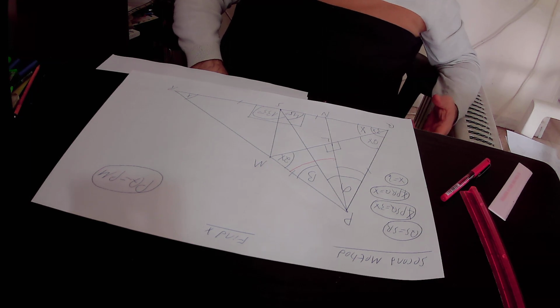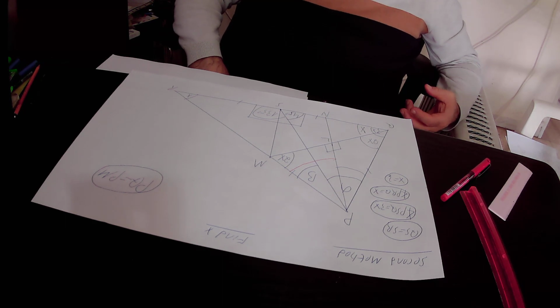The value of the third angle is equal to 180 degrees minus the sum of the two other angles. But the two other angles are equal in both triangles. Therefore, the third pair of angles are equal to each other.